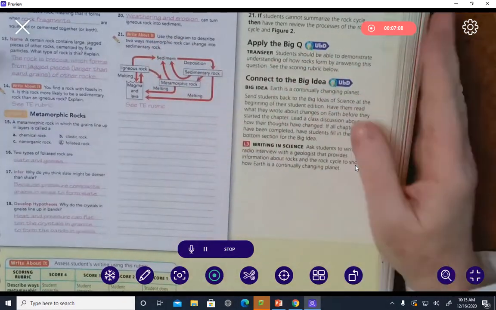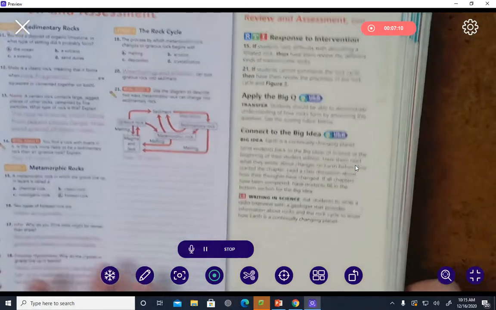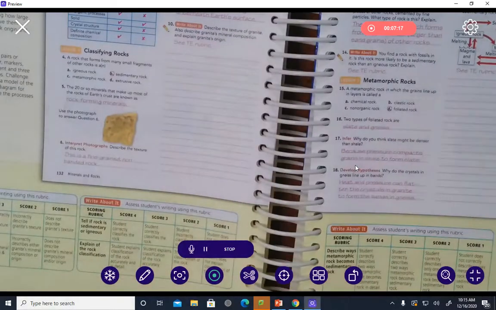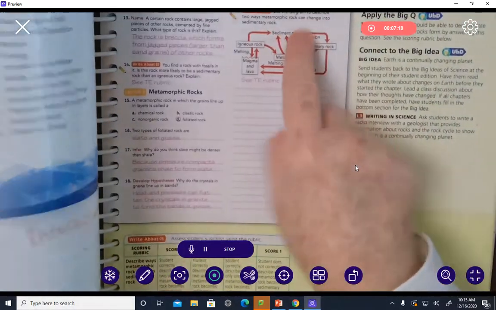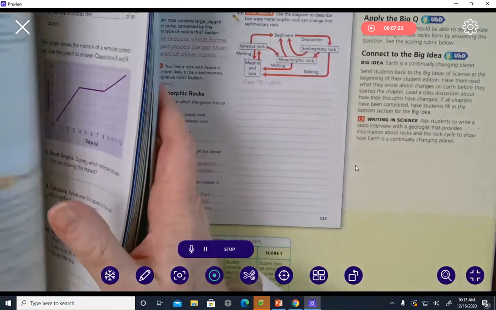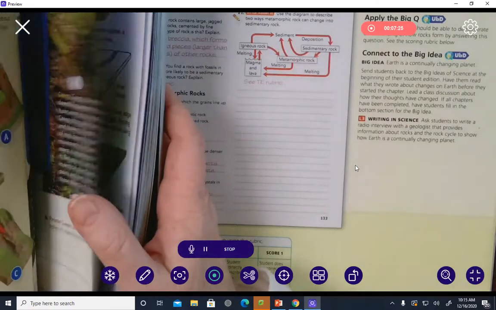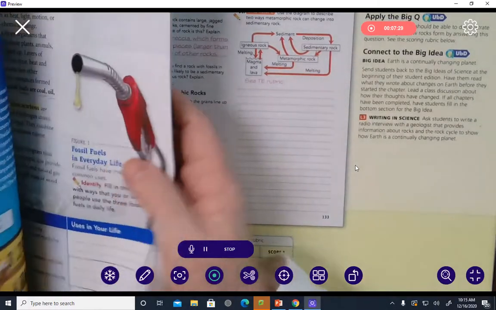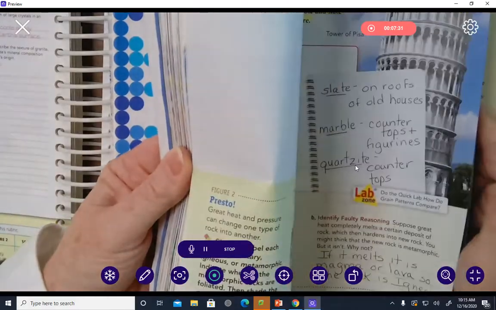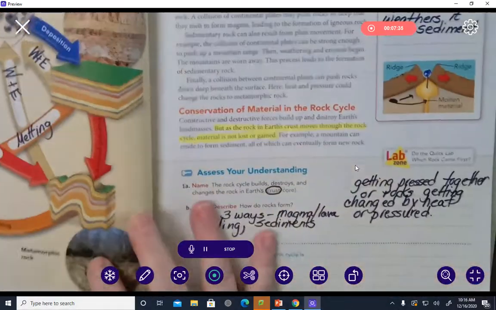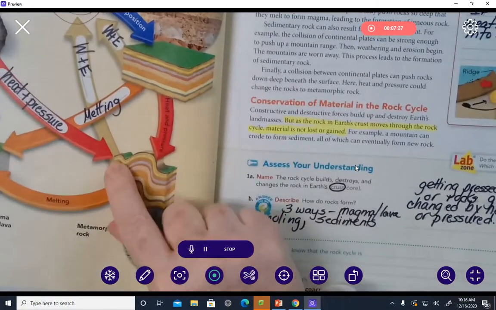You go back to the rock cycles section, and I actually went back, when I paused it, to the metamorphic rock section, and I went back to the sedimentary rock section and reread everything. I kind of like this, though. I like when we hit an issue, we don't give up, we go back and look. Here's the rock cycle, and here's metamorphic rock.